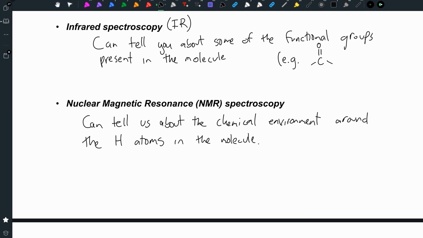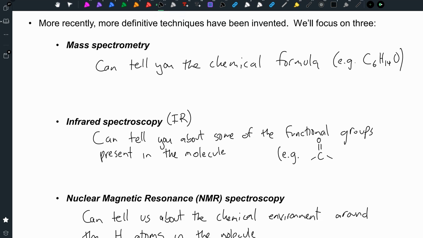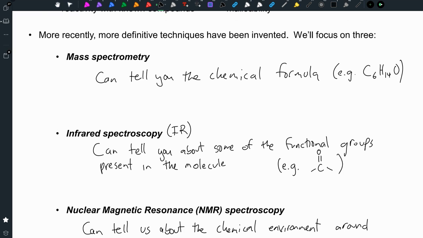You can also do this with the carbon atoms, but the hydrogen atoms, because there are more of them generally, we're going to get more information from the hydrogen NMR spectra. So we'll talk about those three techniques and how you can put them together to take, let's say, the product of a reaction, and really characterize it and say what that substance is.